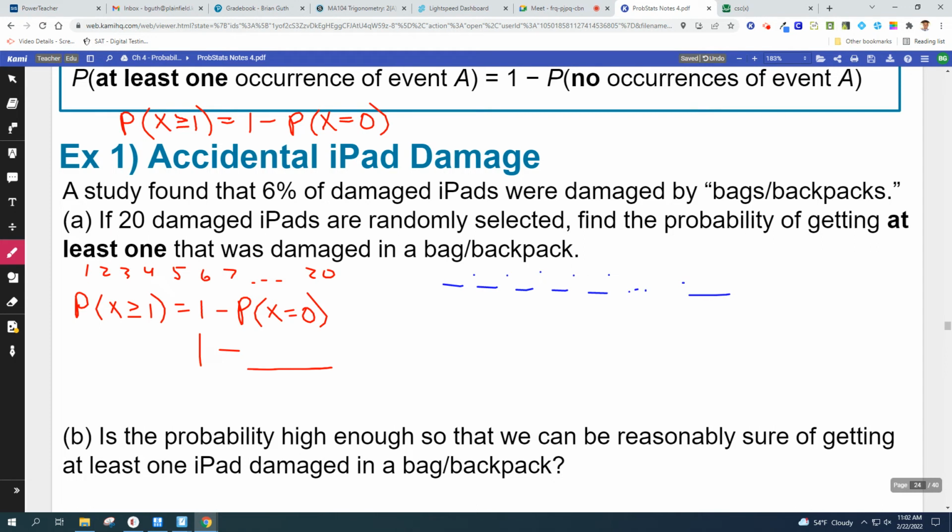The probability that any one of them is not damaged would be 94%. Probability it's damaged is 6%, so the probability it's not damaged is 94%. Basically, if none of them are damaged, we're going to end up multiplying 0.94 times itself 20 times. And so that's exactly what we're going to do here.